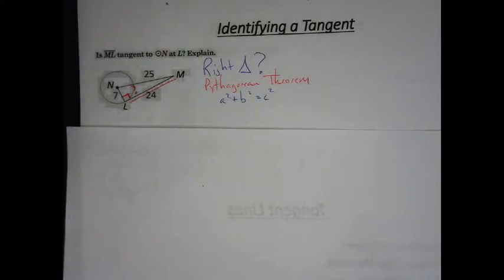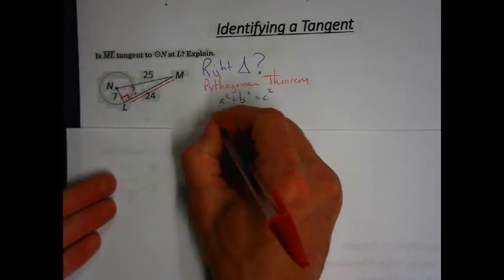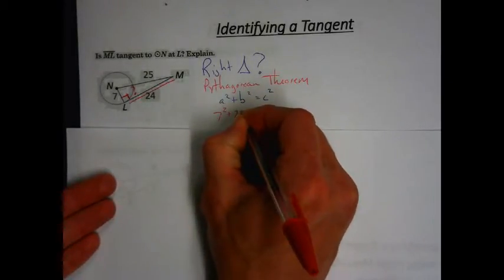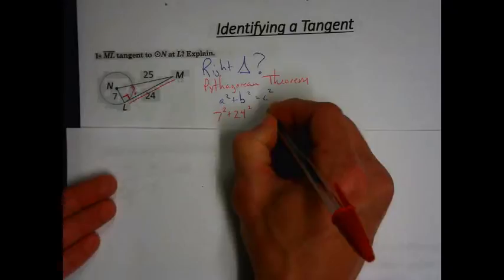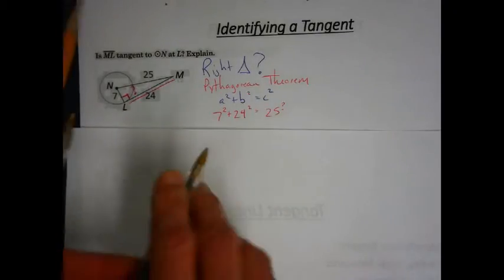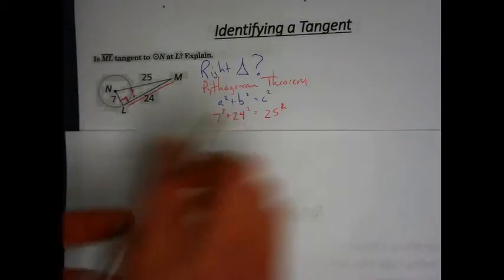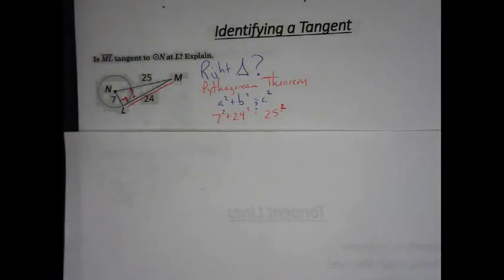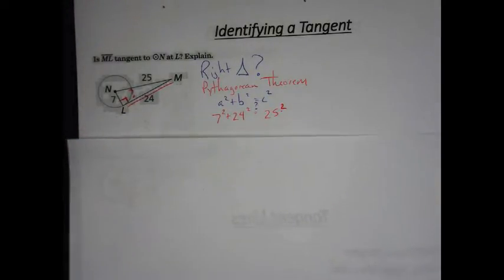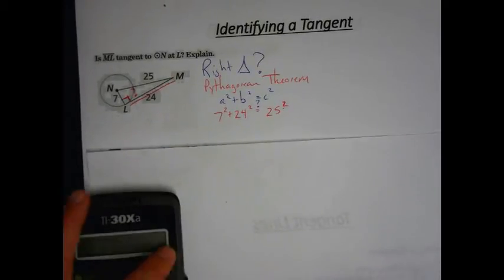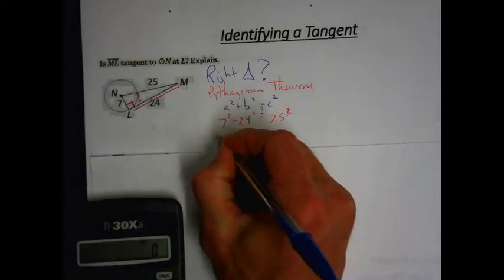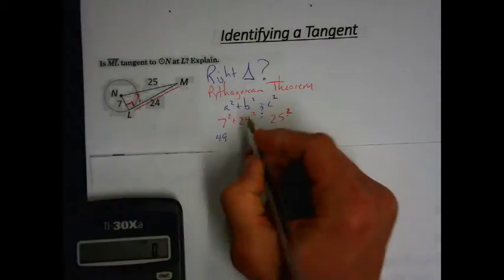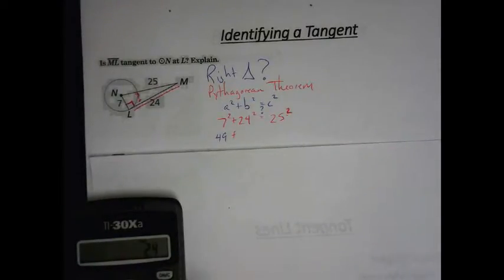So the question is, is 7 squared plus 24 squared equal to 25 squared? That's the question. Okay, so that is exactly what we're asking here. Is that the case? And so the rest is calculator work and figuring some stuff out. So of course 7 squared is 49, and 24 squared is a bigger number, 576.